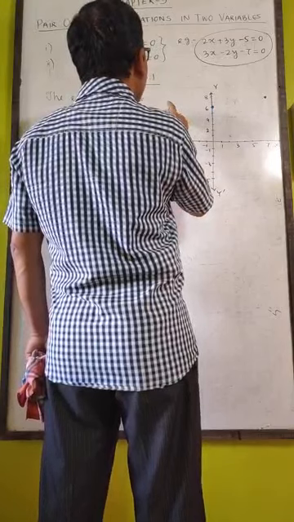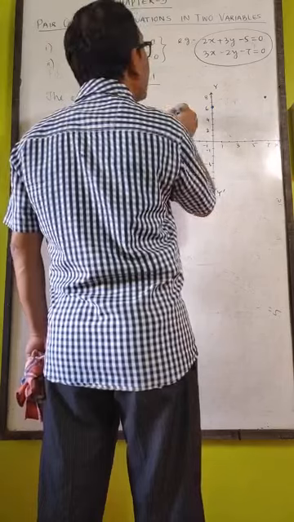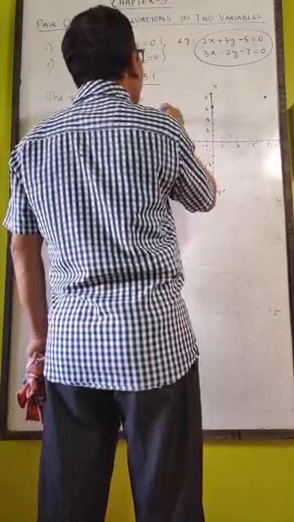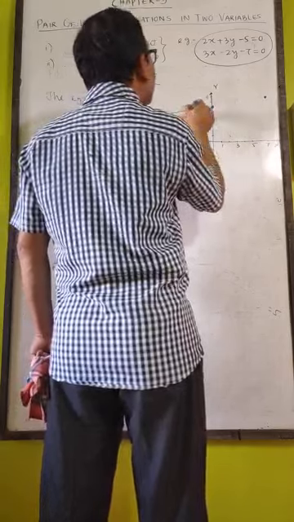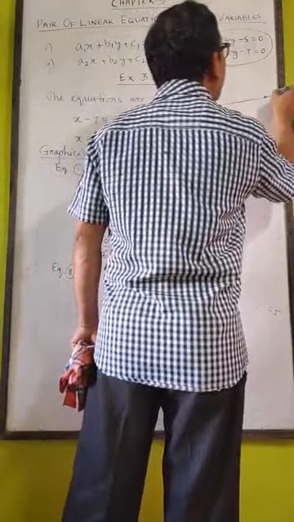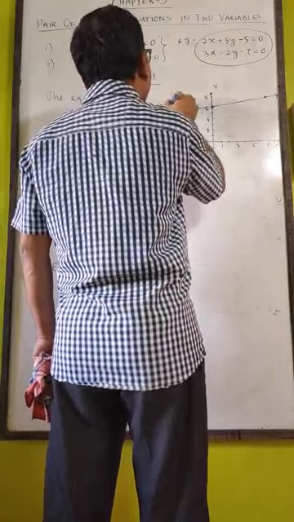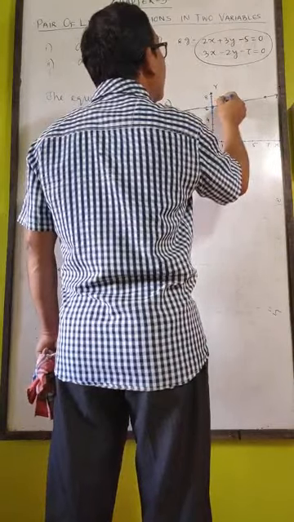Okay. We can easily see whether the tabulation is correct or not. If these three points become points of a straight line, then your tabulation is correct. Okay. So this is for the first one.